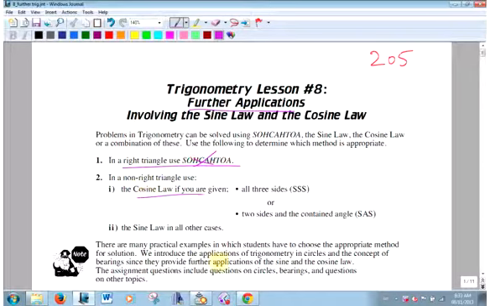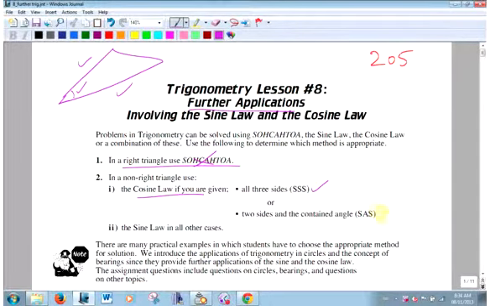How do you know whether to use cosine law or sine law? Here it's telling you. If you got a triangle and you're given side, side, side, can you use sine law? You could try it, but it's not going to work. Side, side, side, you use cosine law. Or if you're given side, angle, side, it's not going to work if you use sine law. That's when you use cosine law.